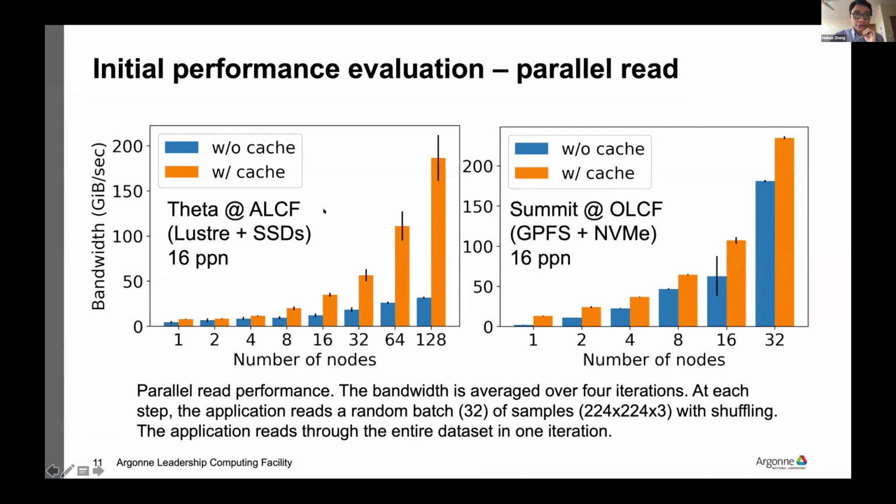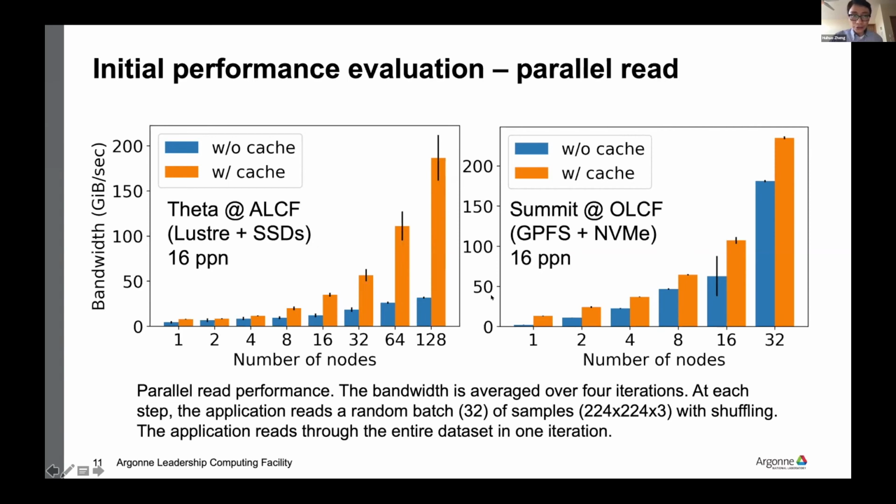So again, we can see that by using this caching, reading data directly from the non-local storage, we get a performance boost compared to reading data directly from the global parallel file system, both for Theta and Summit. For Theta, the performance improvement is more significant because the shared file performance on Lustre is not very good.